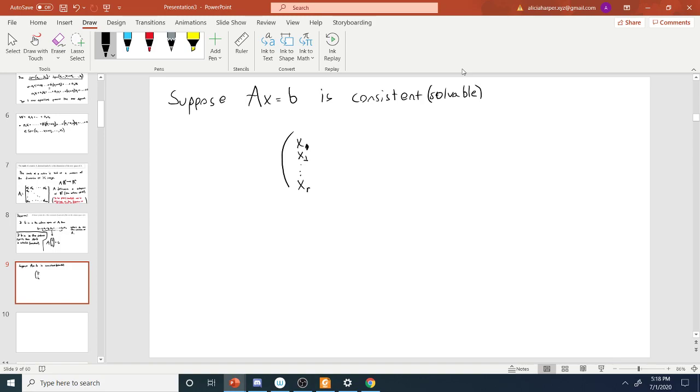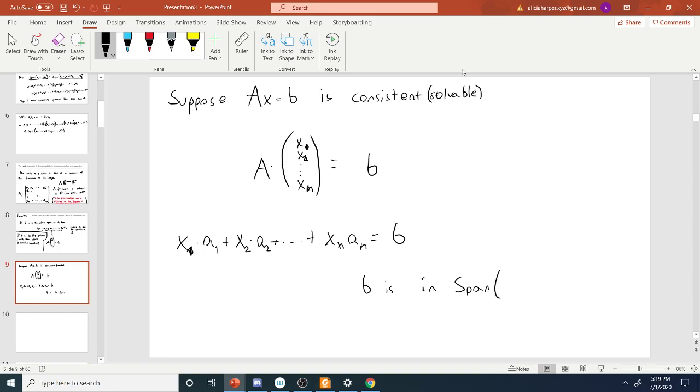such that A times this is equal to B. Well, then we can understand the left side of this equation as x1 times A1 plus x2 times A2 plus and so on, plus xn times An, and this has to be equal to B, which means, of course, that B is in the span of A1 all the way through An.